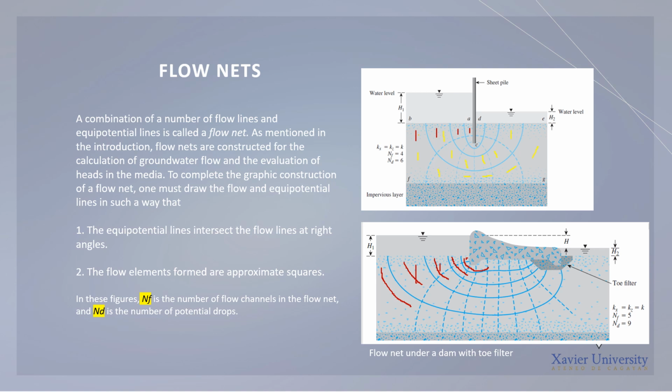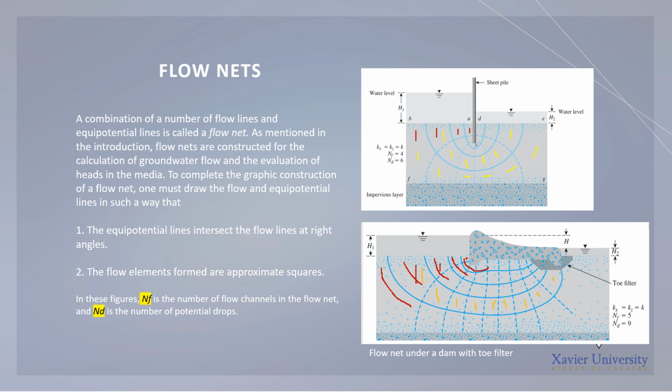Okay. Now for our number of drops, we are going to consider the inner flow line. So for example, we are going to count here. We have 1, 2, 3, 4, 5, 6, 7, 8, 9.